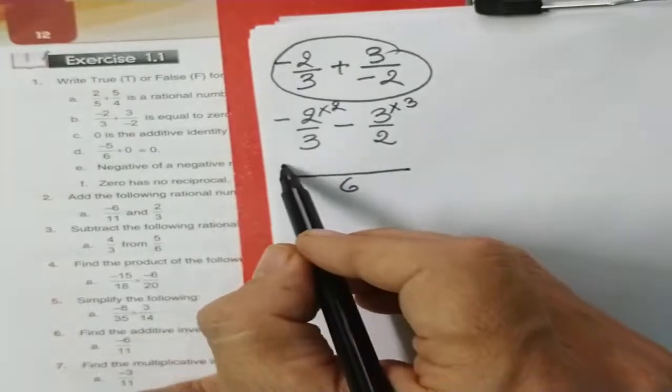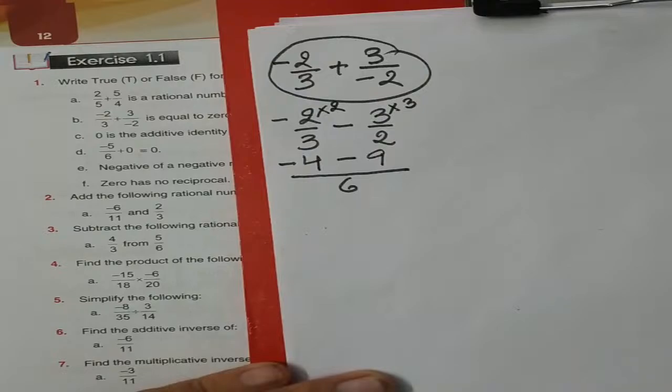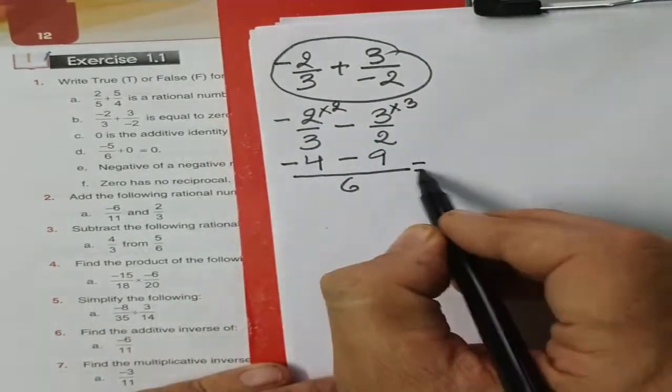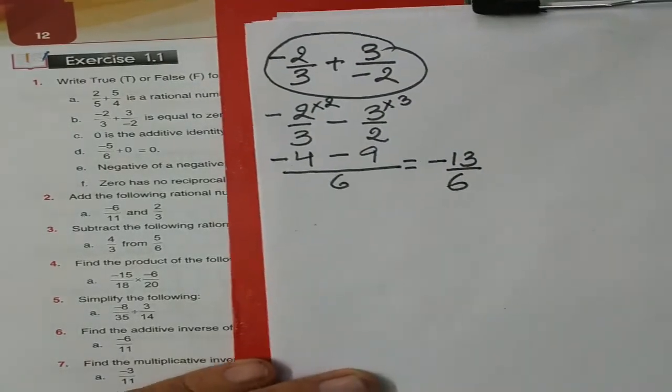Now the number is minus 4, minus 9: 2 into 2 is 4, 3 into 3 is 9, and the answer is minus 13 upon 6.